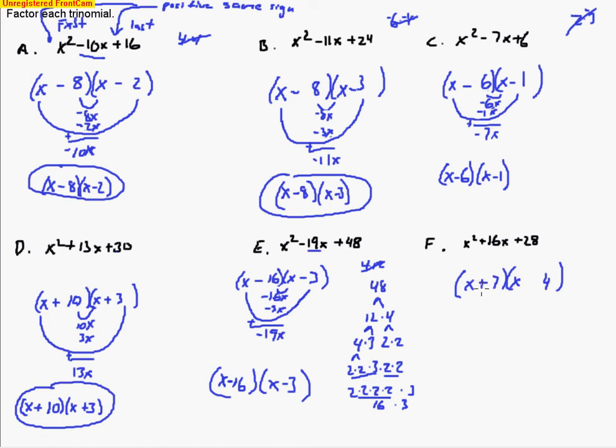I know both numbers are positive because they multiply to make a positive and add to make a positive. Well, let's check the outside terms and inside terms, though. Remember, you're just adding these numbers up because there's no coefficient out in front of the x. So x and 4 make 4x and 7x, and those will add to make 11x. Ooh, too small. So what does that tell us? It tells us that we need the numbers further apart.